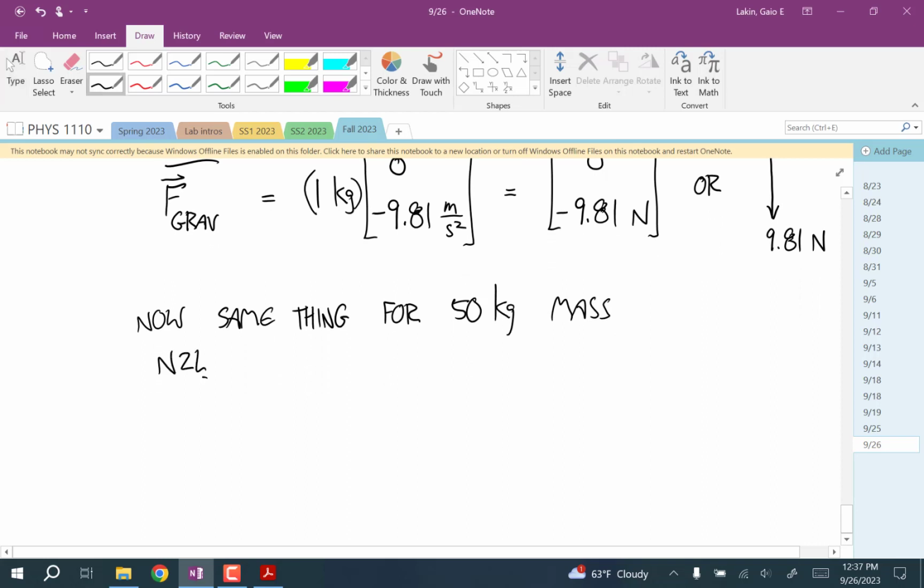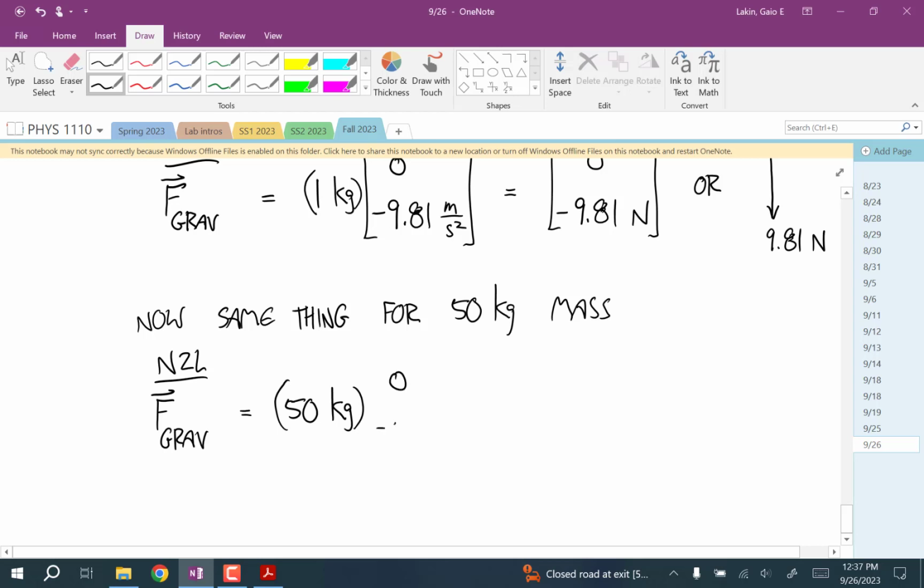Newton's second law says the gravitational force is equal to 50 kilograms times the acceleration. What's the acceleration of a 50 kilogram mass in free fall? Minus 9.81. Yep.